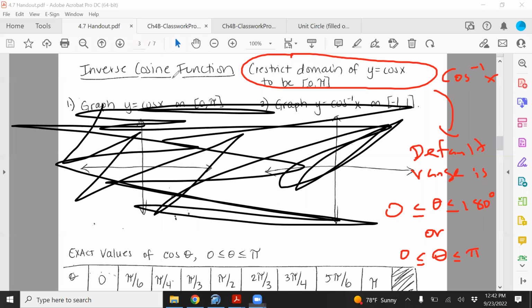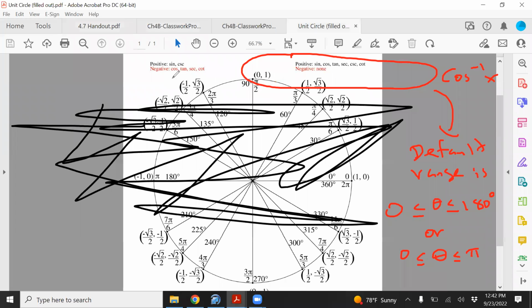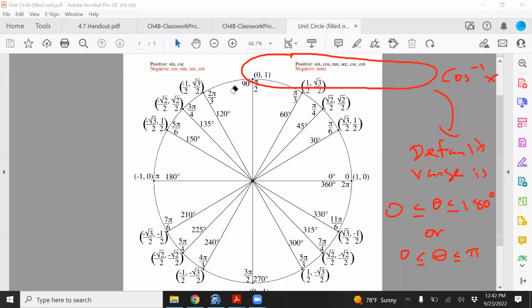If we go back to the unit circle, what's the highest x coordinate on this circle? What's the lowest x coordinate? So the top half of this circle, for x, covers all the x values. So your default range for inverse cosine is Q1 and Q2.